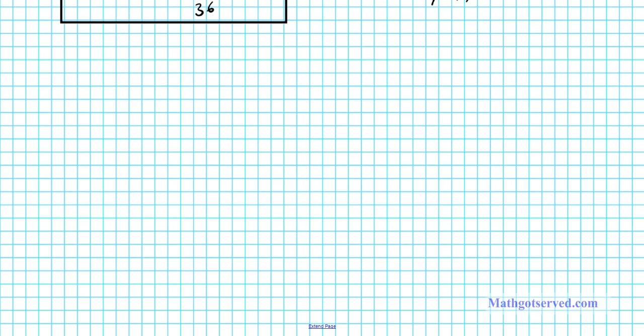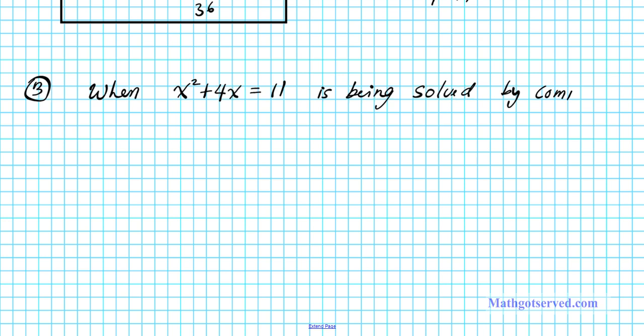All right, the next few questions we're going to look at have to do with quadratics. Problem number 3. When the equation x squared plus 4x equals 11 is being solved by completing the square, which expression represents the completed square?